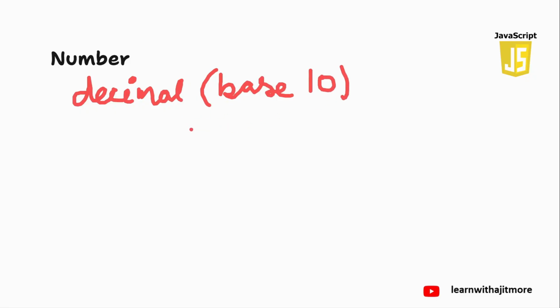Symbols or digits, 10 numbers are there. And using those, you form your number combinations. So how many are there? 0, 1, dot, dot, 9. And using these 10 symbols, you make a combination and form a number.